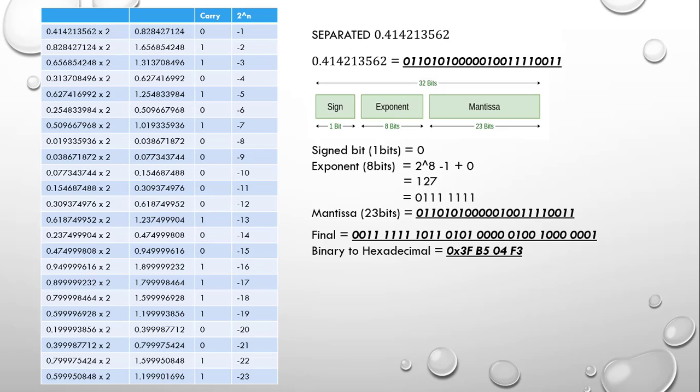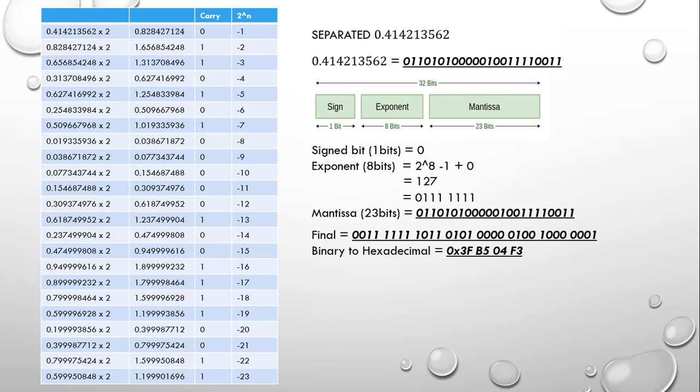We ignore the digit before the decimal point, meaning that from 1.6568542248 we just take the digits after the decimal point, which means 0.6568542248 will be used for the multiplication.